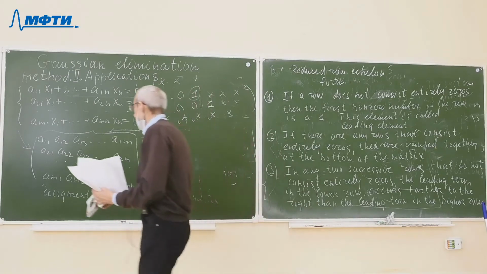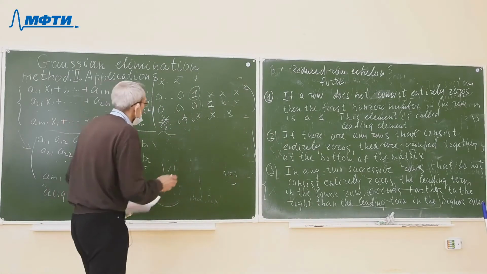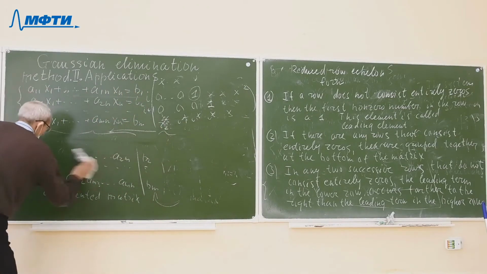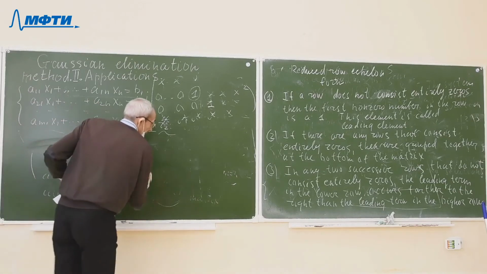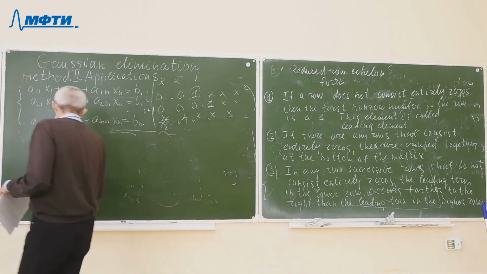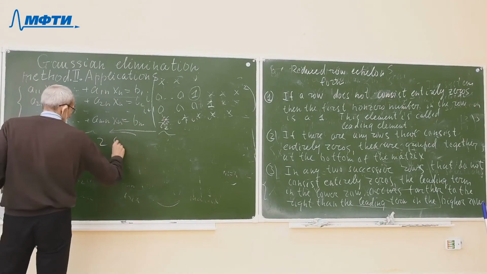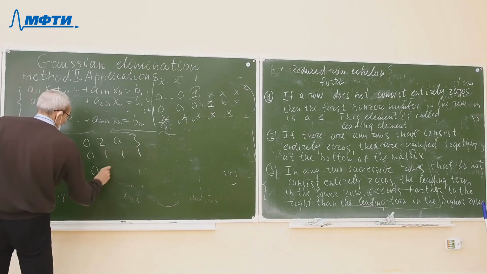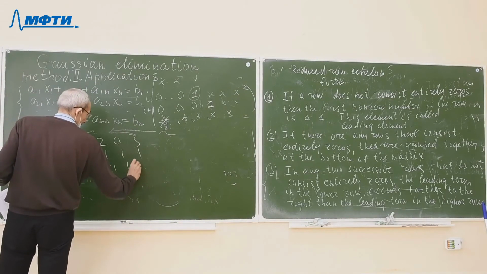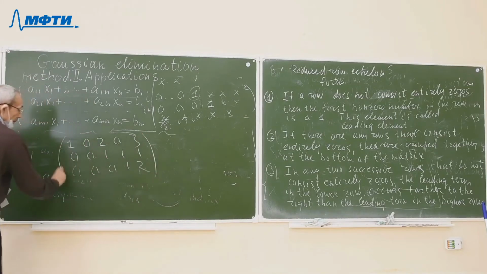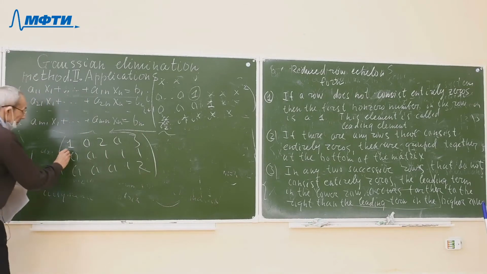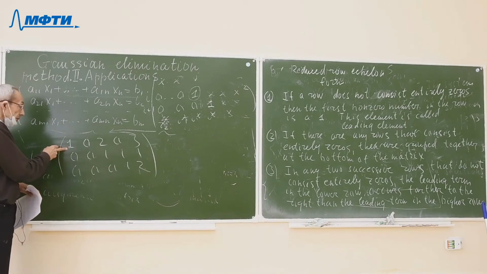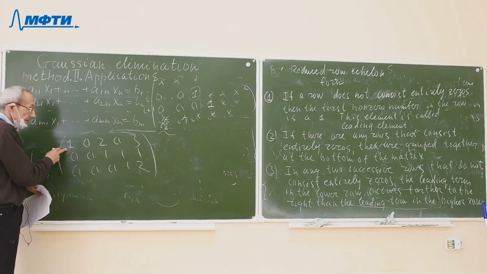Example, echelon form. These are the most important properties of the echelon form. Example echelon form. The first row: the first non-zero element is equal to 1 in the first place.